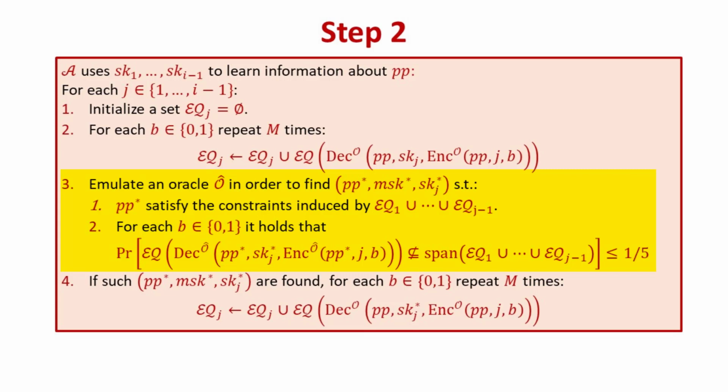Second, the probability of finding a new equation that is not in the span of the previous ones is upper bounded by a certain constant. If A finds such pp star, msk star, and sk star j, then A adds new equations to EQj by decrypting using the real oracle O and the real public parameters pp, but using the alternative secret key sk star j.